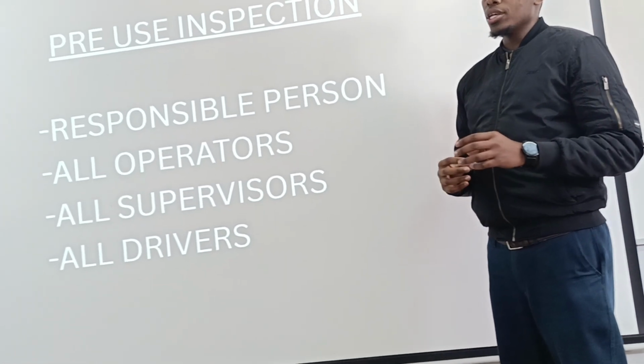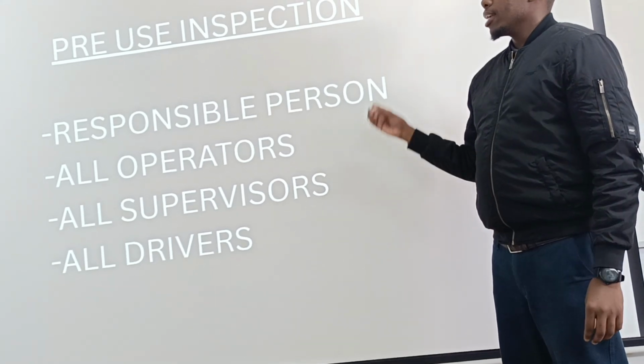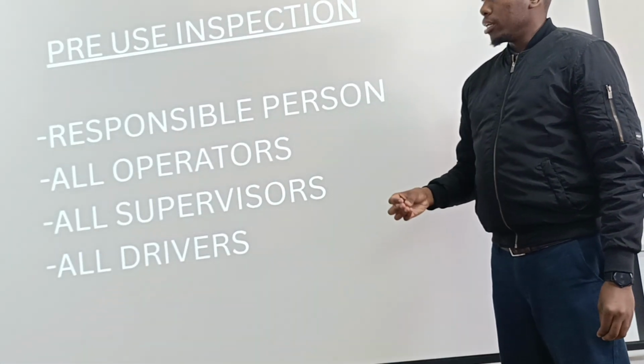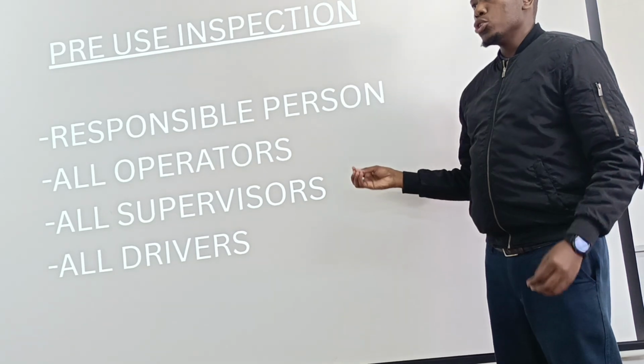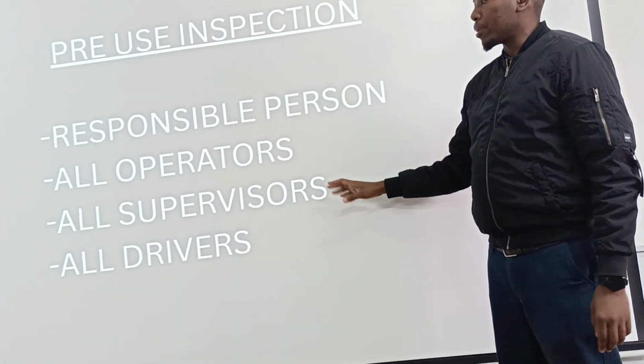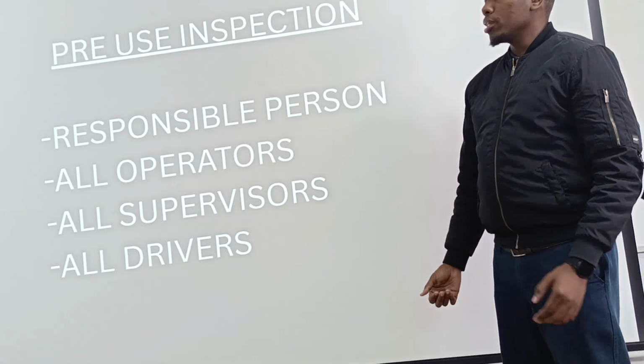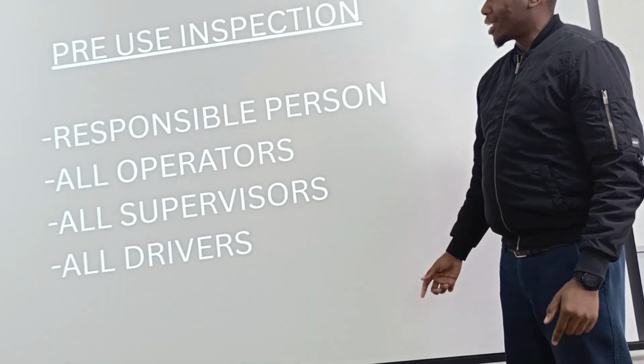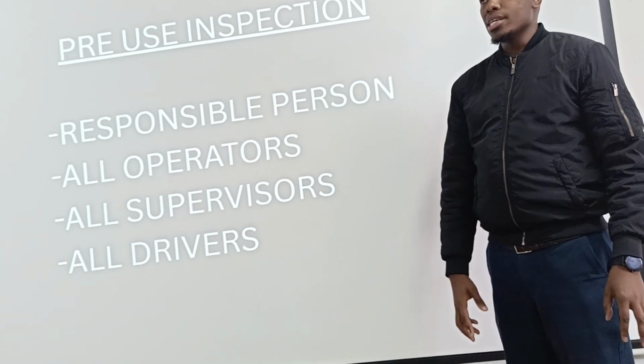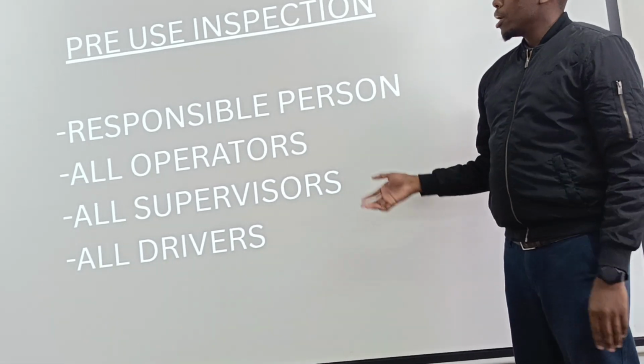On the categories, you have to make sure that you tick correctly. Don't mix up things. After that, you go to the brake test ramp to test the brakes of the machine. But if the conditions do not allow you, there is what we call the pre-start brake test procedure, where you test the machine on a flat surface.